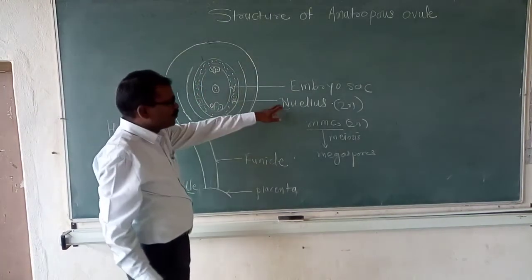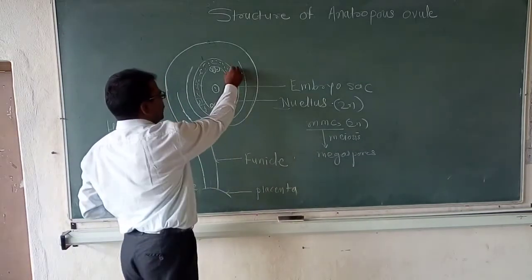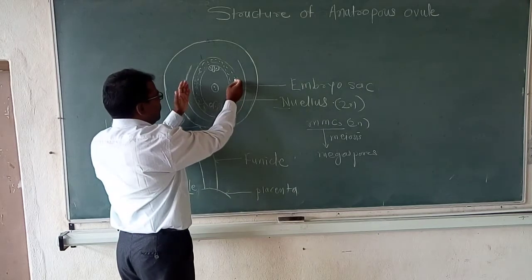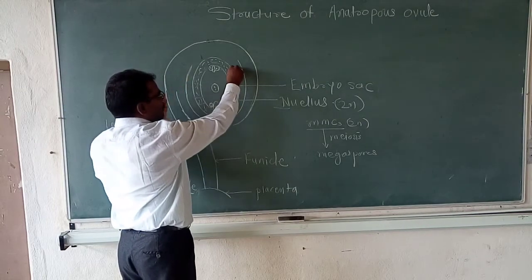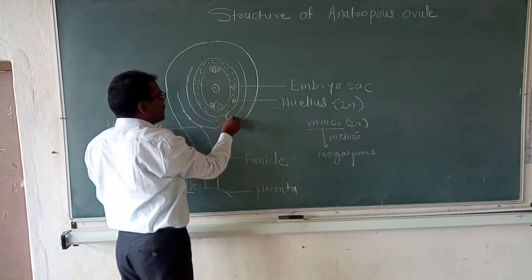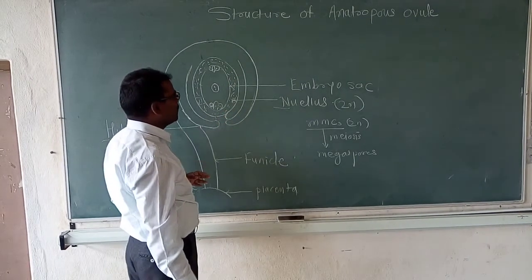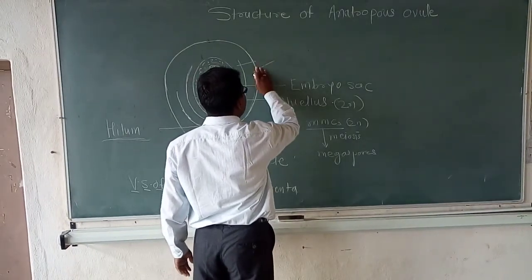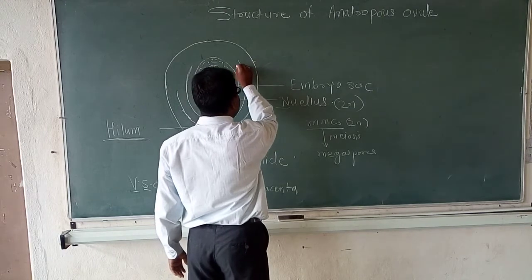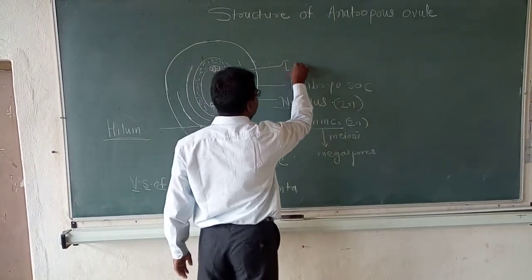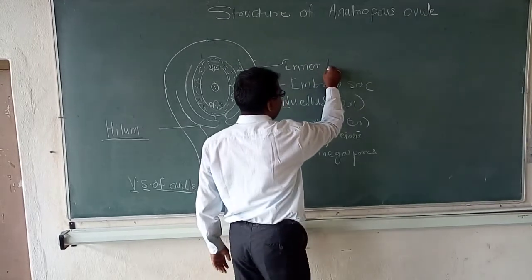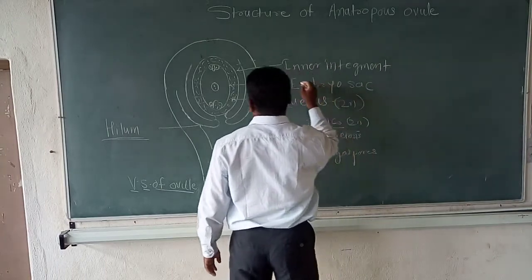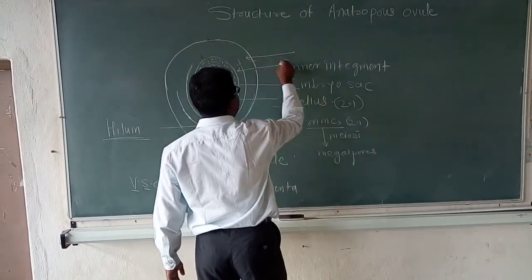Next, the nucellus is covered by two coverings called integuments. This is the inner integument, and this is the outer integument.